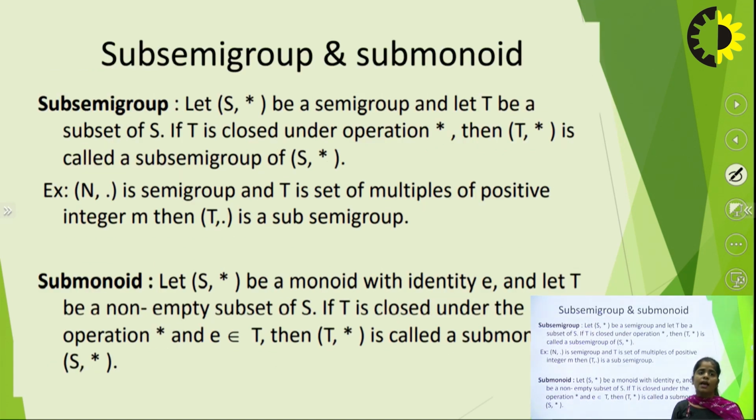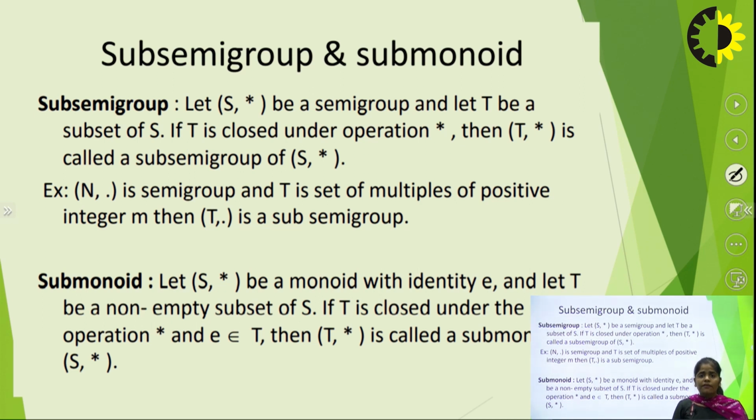Now come to the sub-semigroup and sub-monoid. Sub-semigroup: let S be a semigroup and let T be a subset of S. If T is closed under the operation star, then T star is called a sub-semigroup of S star.